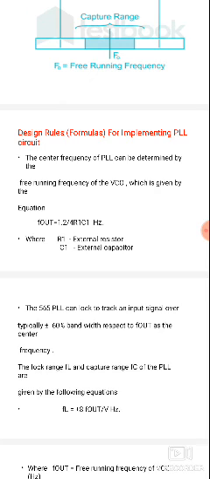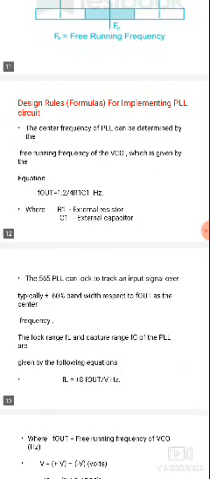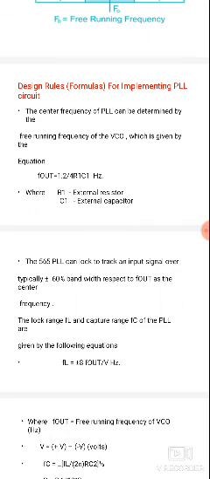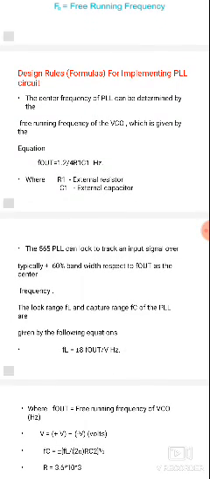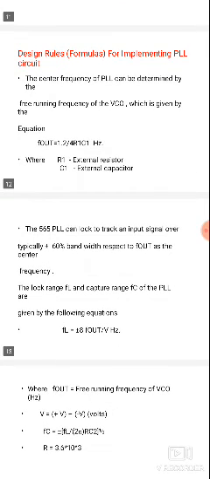which is given by the equation F out equals 1.2 by 4 R1 C1 hertz. F out is the frequency of the output signal, and the unit of frequency is hertz. The center frequency is determined using the free running frequency of the VCO, F out equals 1.2 by 4 R1 C1.